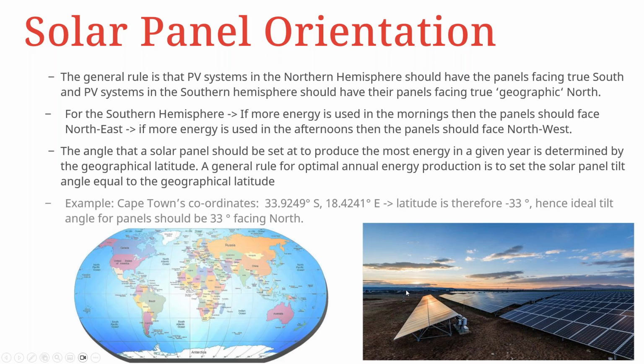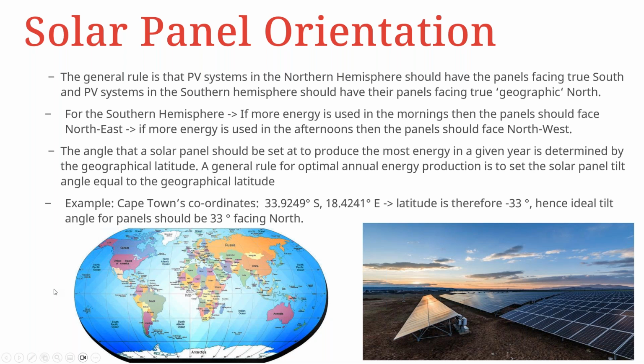Okay, so basically what we mean by that is, for example, Cape Town, of course, is in South Africa. That is located at latitude 33.9 in the southern hemisphere. So it means that the latitude is therefore minus 33 degrees because it is below the equator, and hence the tilt angle for such panels would be 33 degrees facing north.